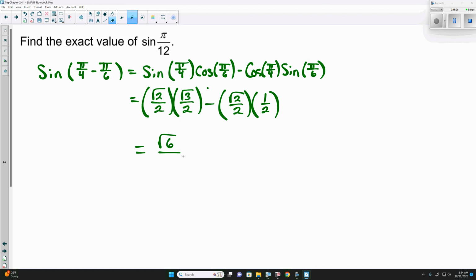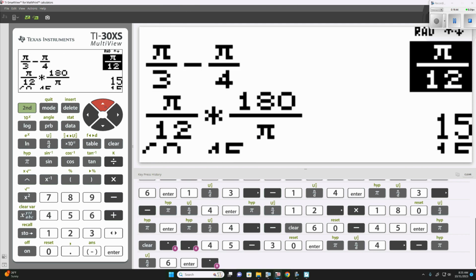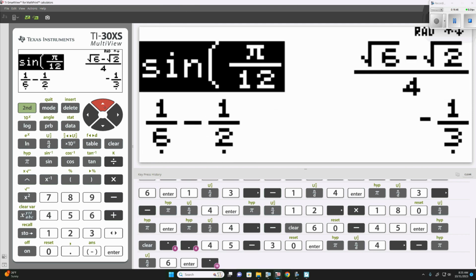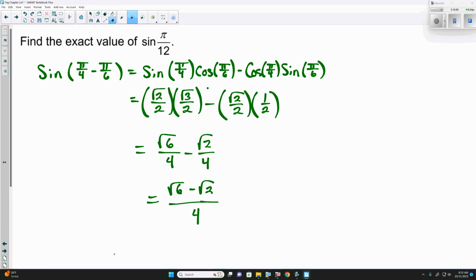That would be square root of 6 over 4 minus square root 2 over 4, giving us this here. Well, what the calculator told us to begin with, isn't it? Questions on this here?